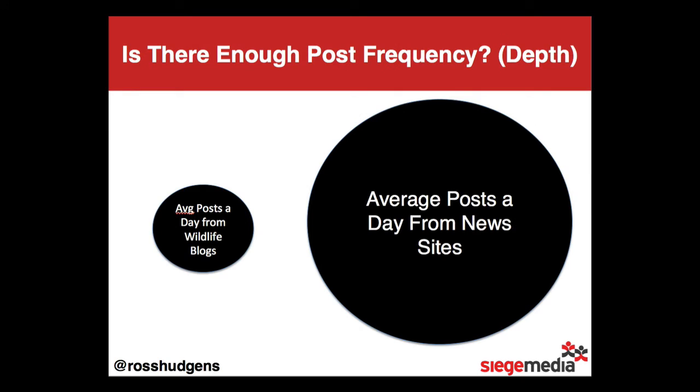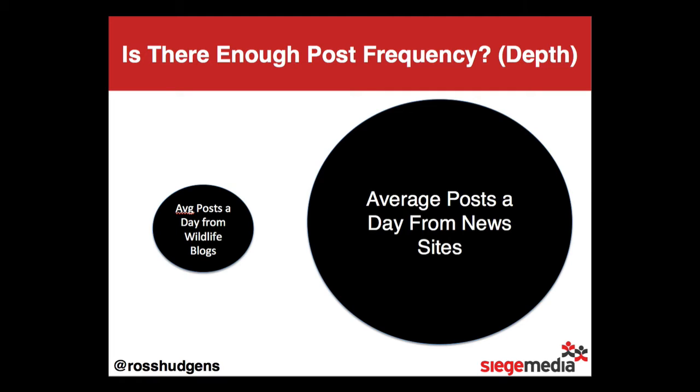But the next piece after that is just how often are those sites posting. If you think about spider blogs, not only are there not many blogs, but they're also not posting that frequently because there's not much content to talk about in regards to spiders, most likely. Compare that to a news site that's probably writing 20 to 30 articles a day, sometimes maybe more than that, depending on the venue.